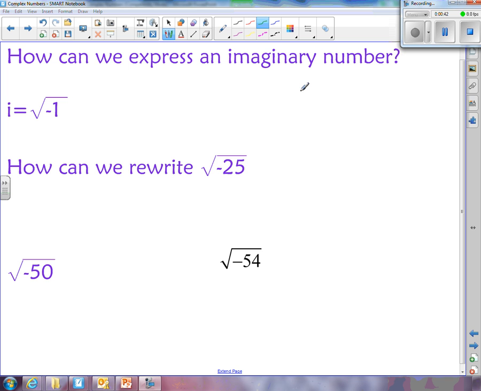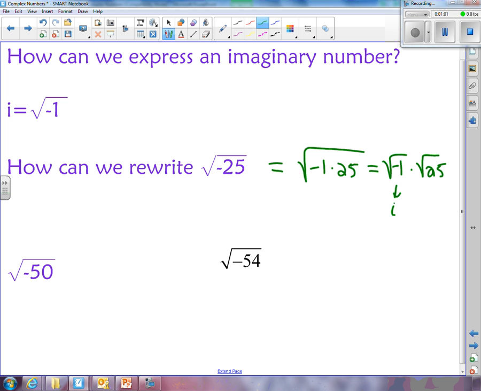So the square root of -25 you can really think of as the square root of -1 times 25, which can then be broken up into the square root of -1 times the square root of 25. The square root of -1 is just i, and the square root of 25 is just 5.